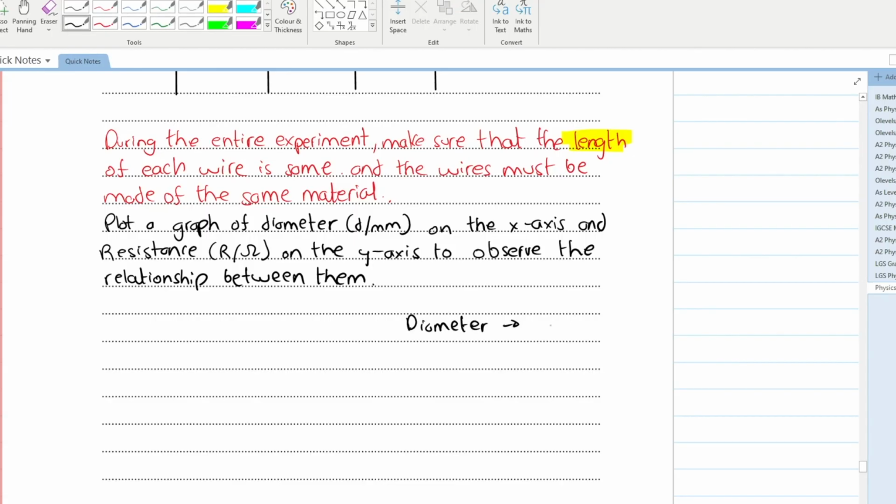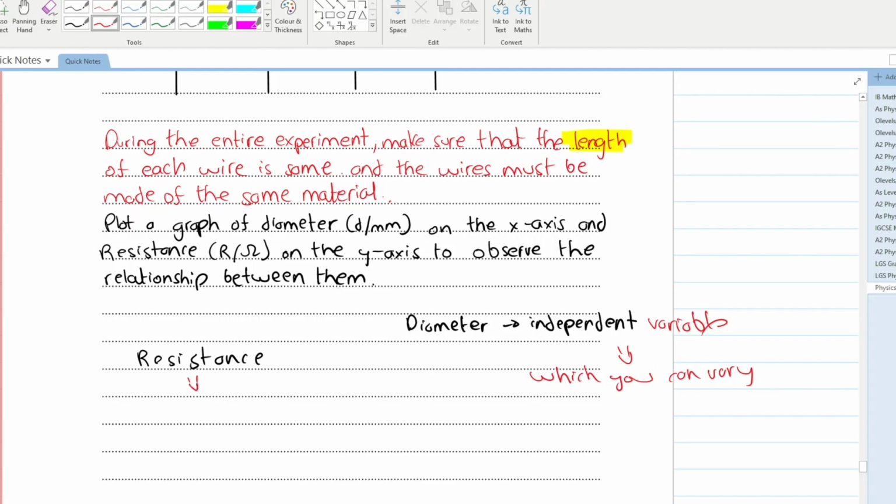What are independent variables? Independent variables are those variables which you vary in the experiment. Can you vary the diameter? Yes. What is your resistance? Resistance is your dependent variable.